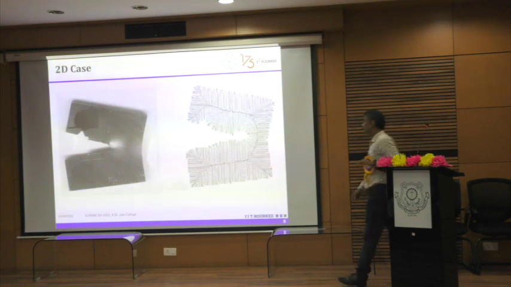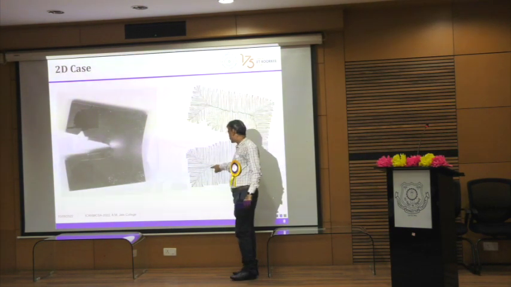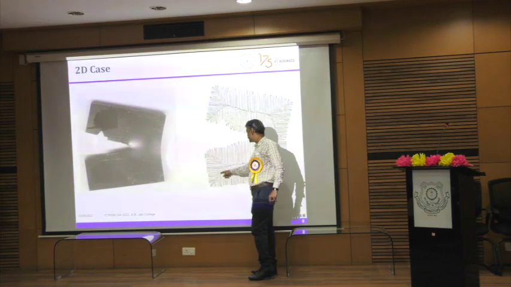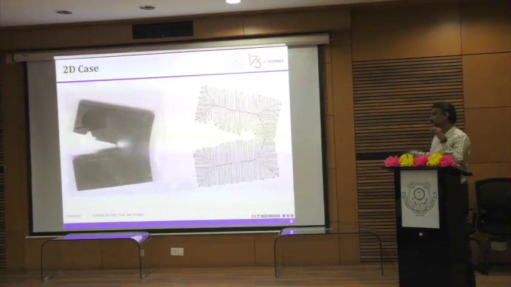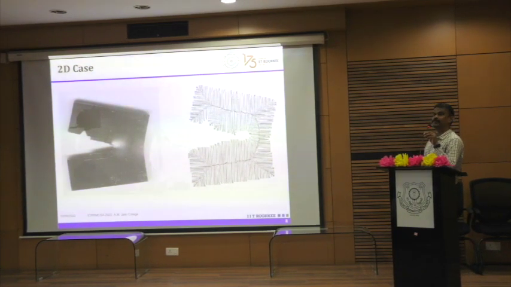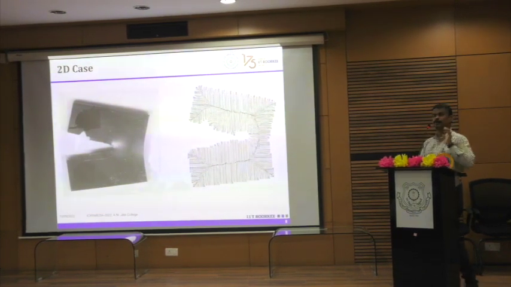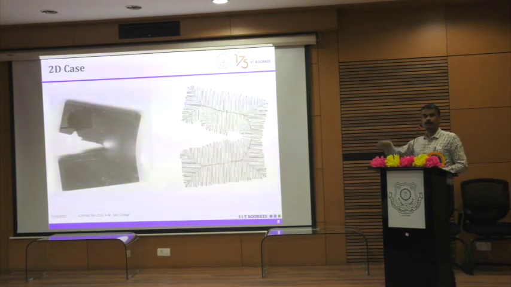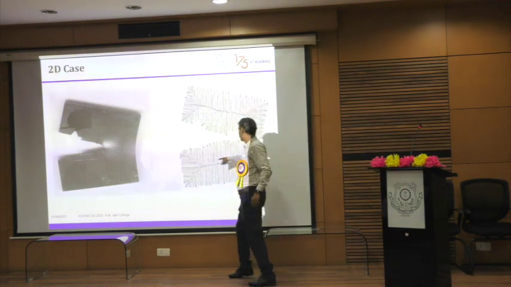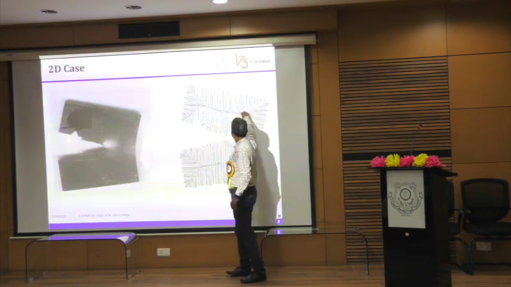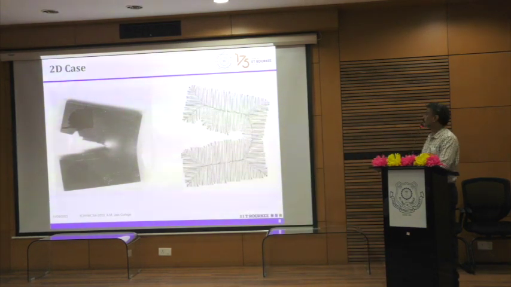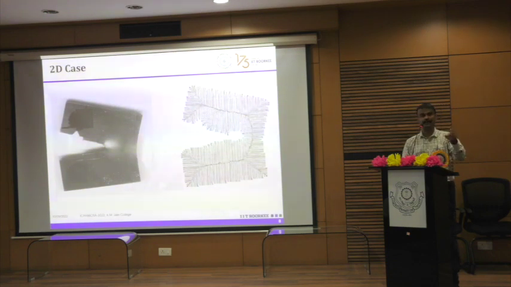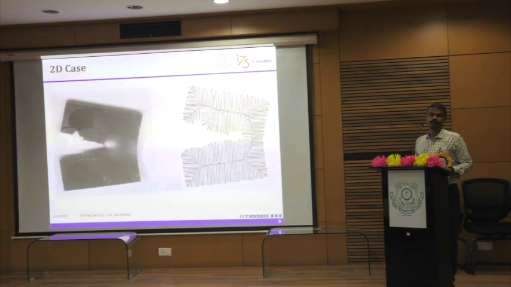For example, here in this area, five vectors are intersecting: one from this direction, second, third, more than two. So where at least two vectors are intersecting, we find the point, we find the locus. So this is the shape where at least two vectors are intersecting, and this is nothing but the skeleton of that image.